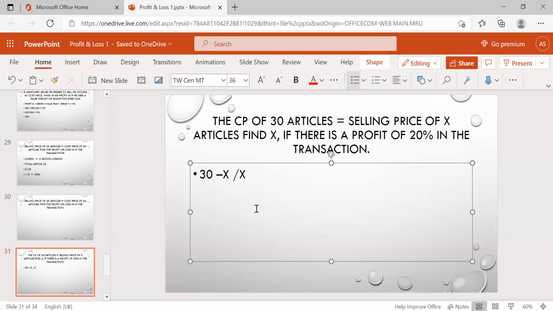So that's it, simple. So it's nothing but 20%. I'm writing here 20%. Now 20% means we can convert in fractions, 1 by 5, right?